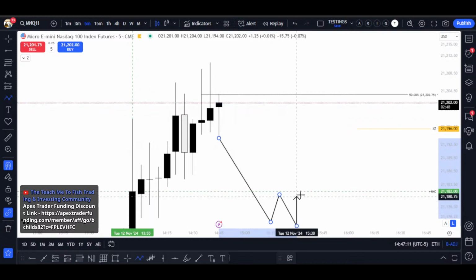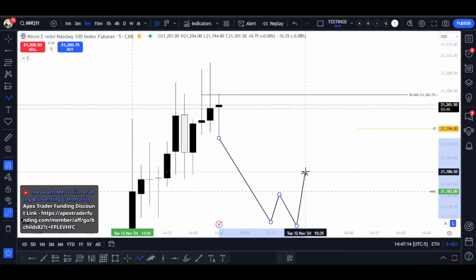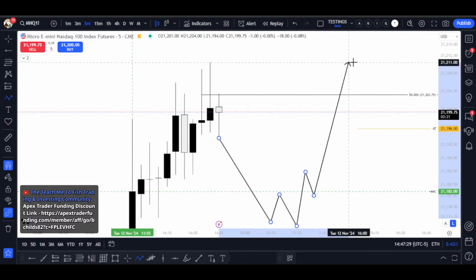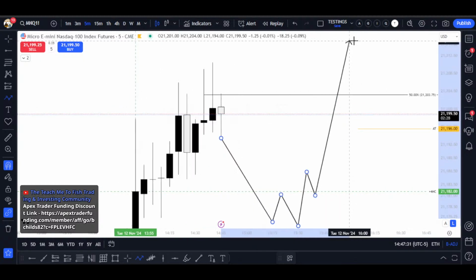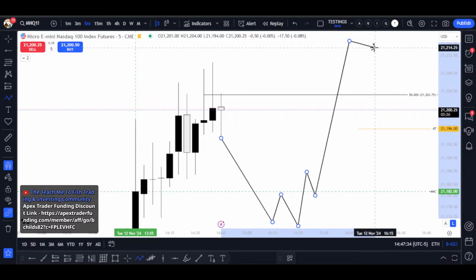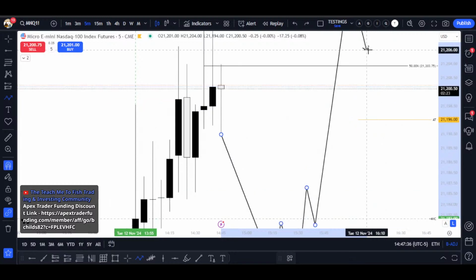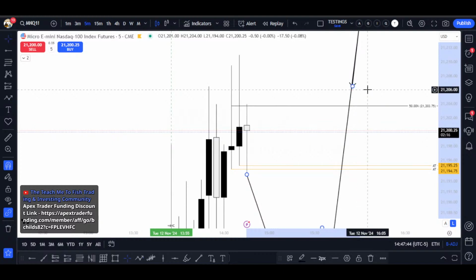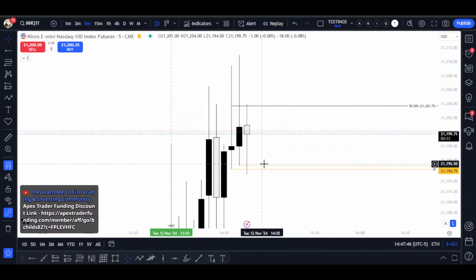Sorry guys, maybe give us a breaker block entry, something like this, so we can take it up to our TP.